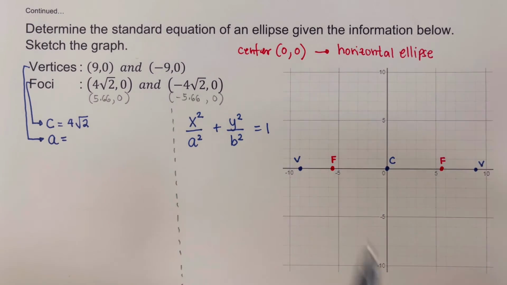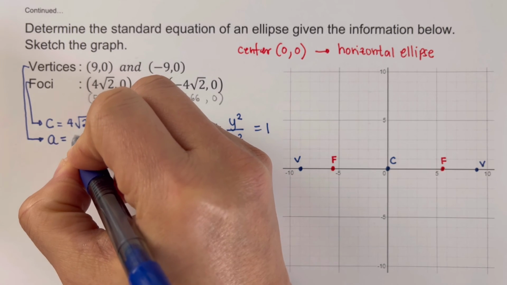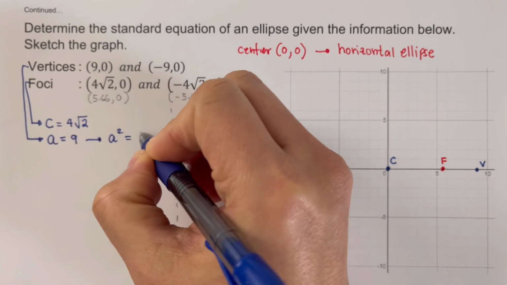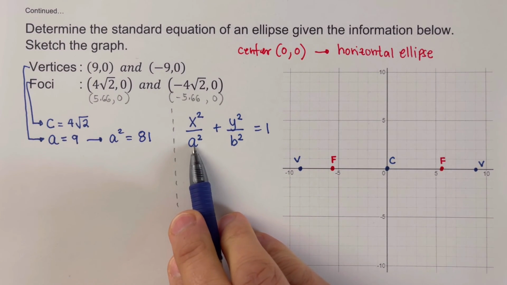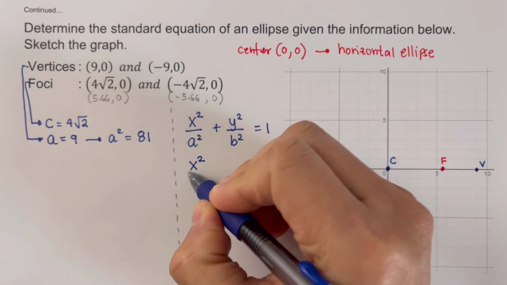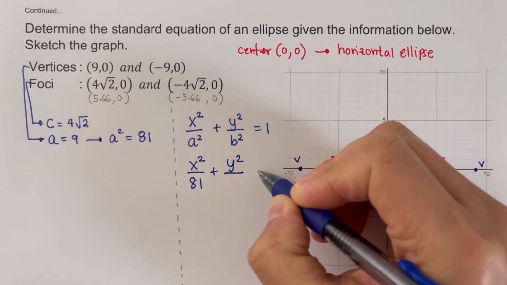We should be able to get 9. So I'm going to go ahead and write 9 up here. This tells us that our a squared is 81. So we plug that a squared in here so that we can write the equation of this ellipse. So that would be x squared over 81 plus y squared over blank equals 1.